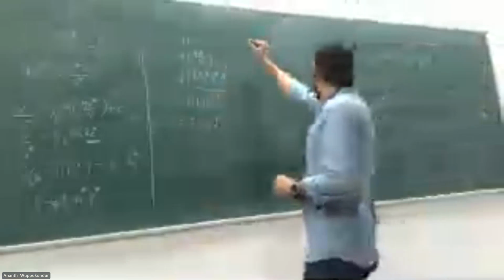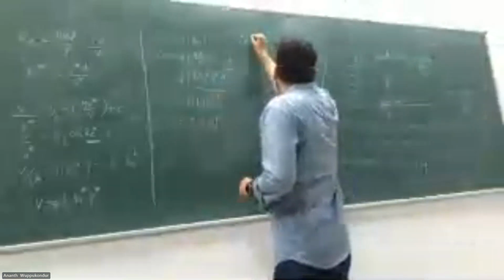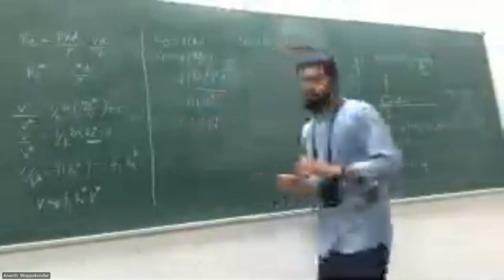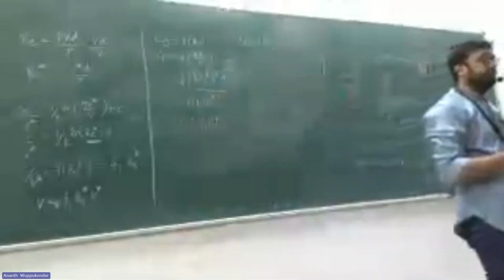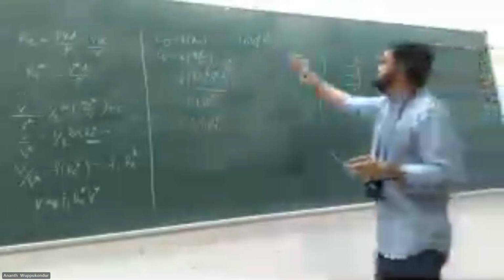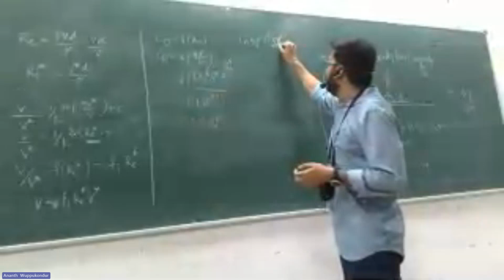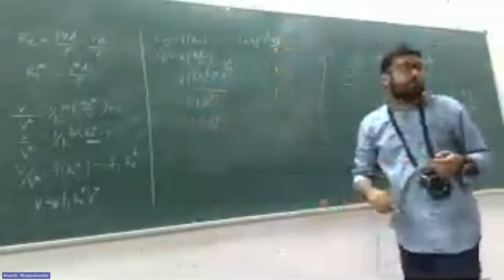Now I'll go back to this equation. What is the area of a circle? Area of a circle. So in terms of the diameter, pi d square by 4, right?